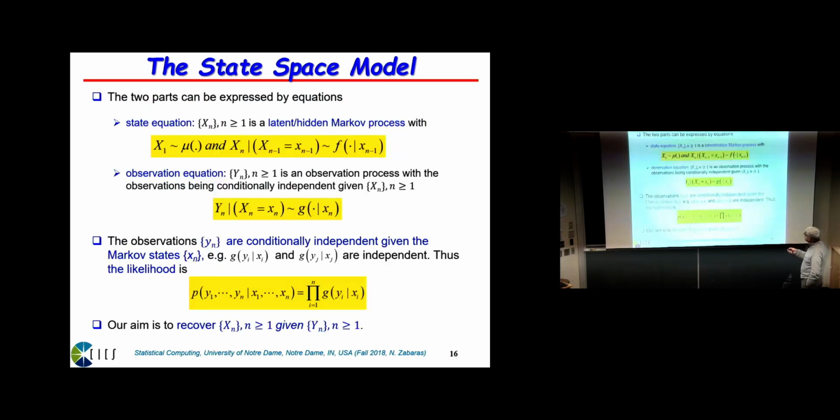And then we have also an observation model that tells us that at each time, yn depends only on xn, and this is the distribution that defines the observations. Think of this as the likelihood model. Okay? So you notice, again, yn depends only on xn.